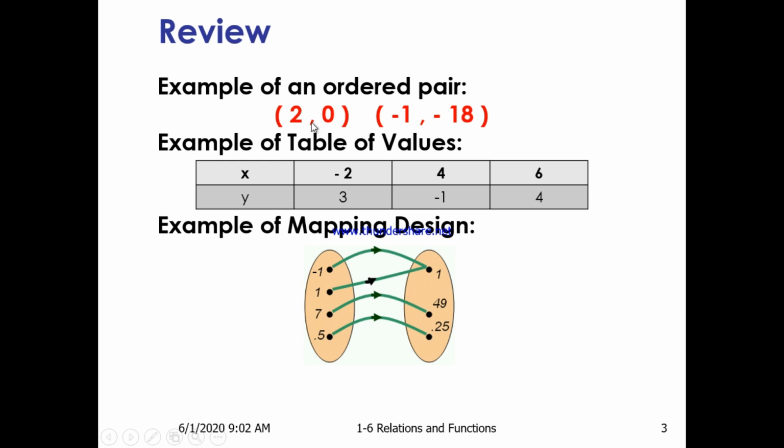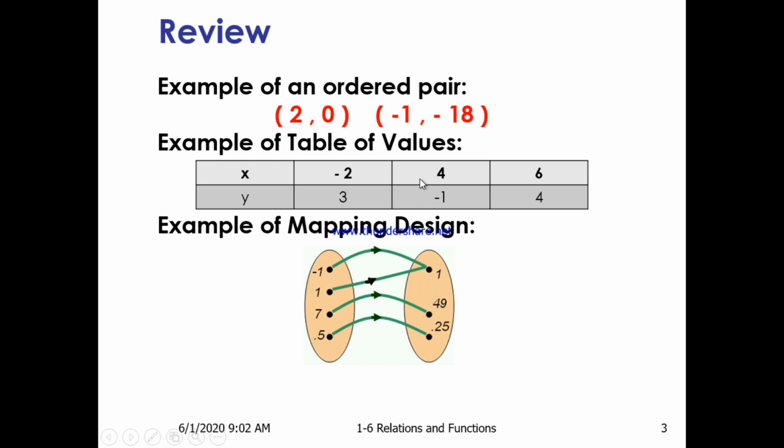So the first value in an ordered pair is what we call an input, the domain, or independent variable. While the second number in an ordered pair or in a coordinate is what we call an output, range, or a dependent variable. So the same also with the second example, with the second ordered pair. We have -1 and -18.